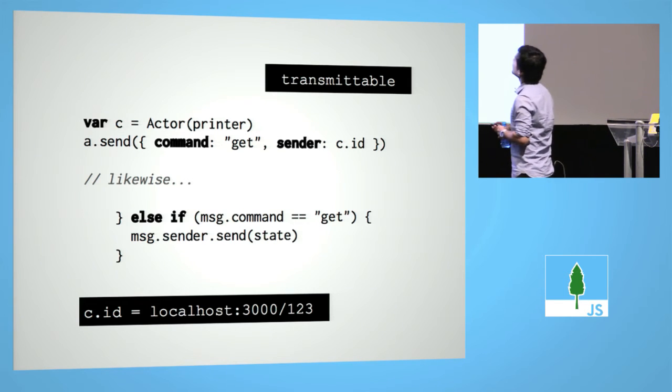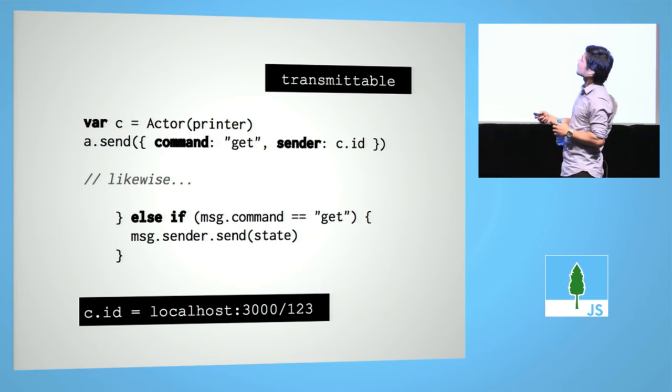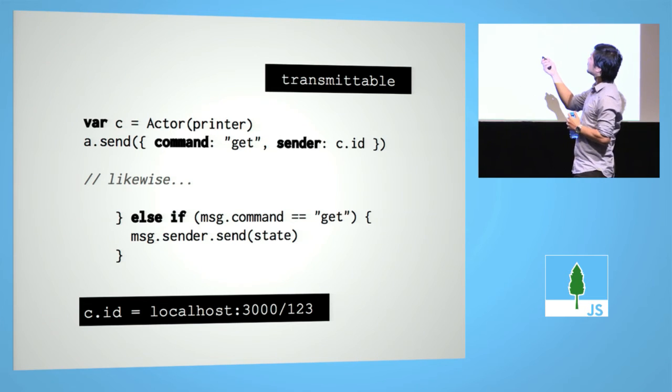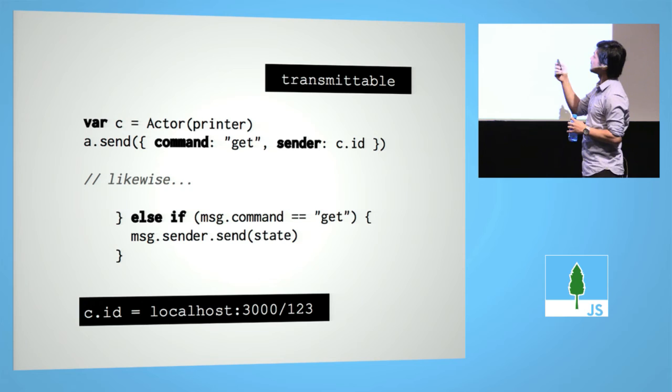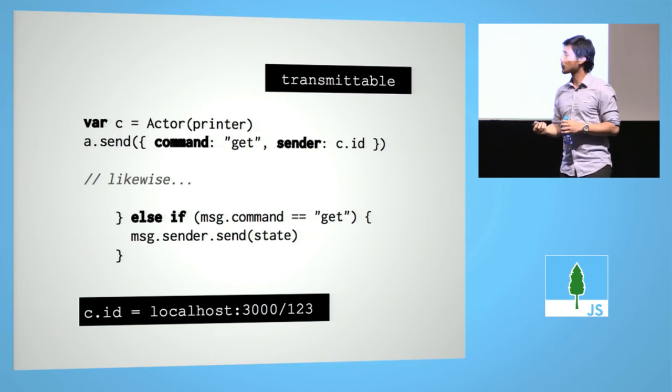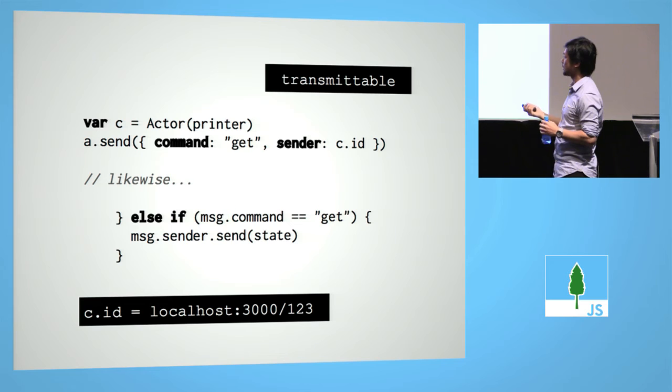So what we need to change is to send the ID instead of sending the actor. It looks like I didn't update that, but it should really be send, which takes an ID and then the message to send. So if you can just imagine that I changed that.